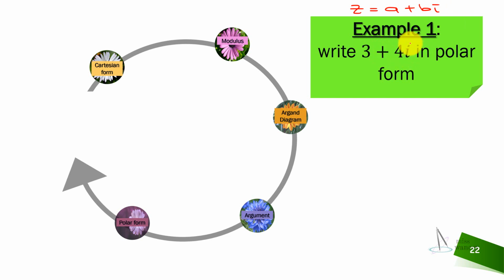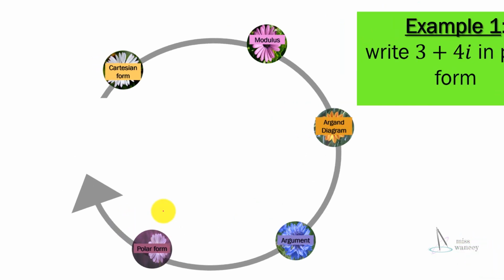We already have i to the power of 1 here, so z is already in Cartesian form, and my first step is done. Then we have to calculate the modulus of z, and then draw the Argand diagram. By drawing the Argand diagram, we can calculate the argument, and then write z in polar form. Let me proceed with the steps.